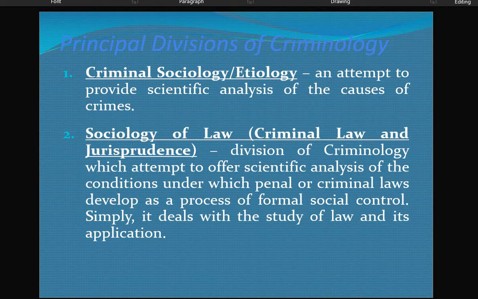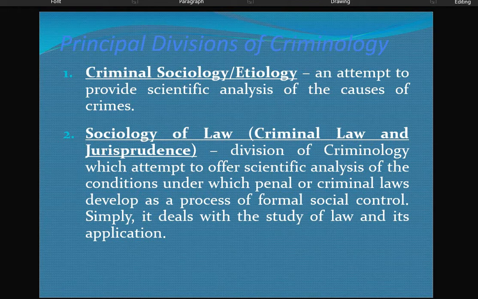Hindi siya kasya sa isang semester because this is composed of a lot of articles, the circumstances, ano yung mga penalties, and others. So, pag-uusapan dito, as a part of studying criminology, is the criminal law and jurisprudence.